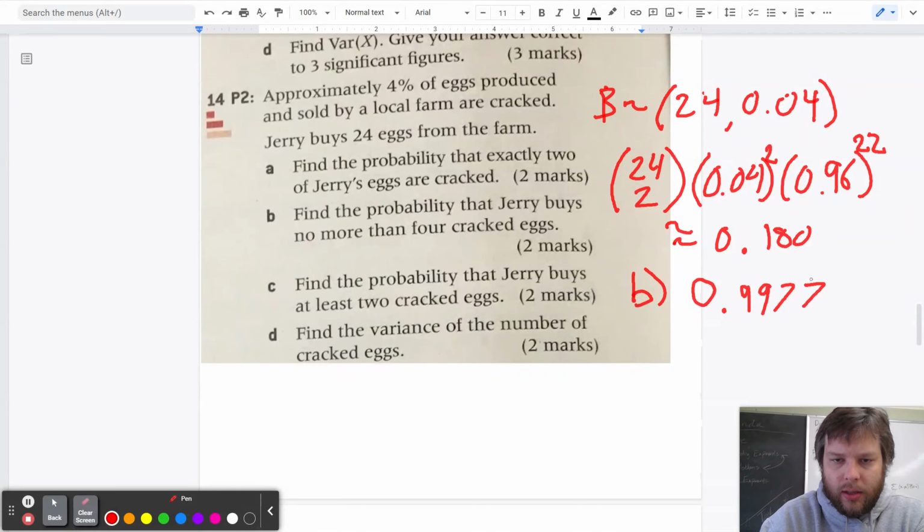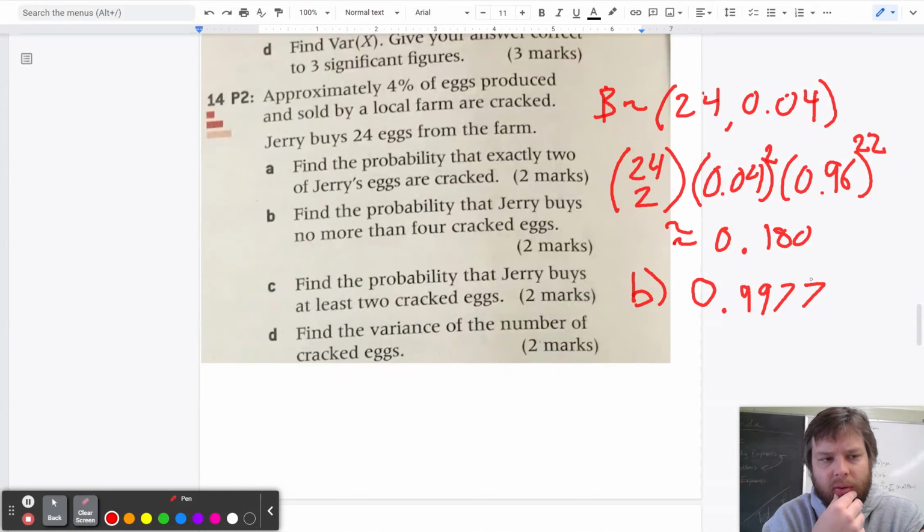And that's the probability of buying 0 cracked eggs. Let me just double check. That can't be right. What's wrong with that? Find the probability that Jerry buys no more than 4 cracked eggs.